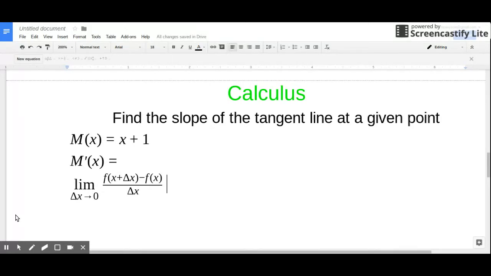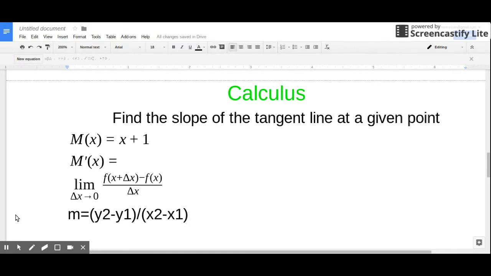Now, we're finding the slope of a line, and do you remember that? m is equal to, and I'm just going to write it like this, y2 minus y1 over x2 minus x1. This should look familiar to you.